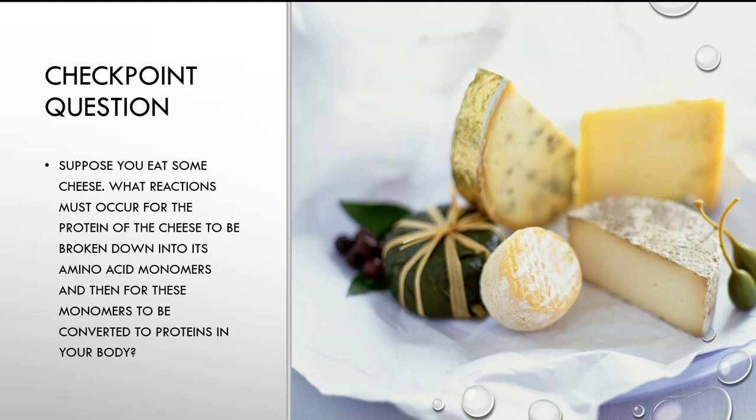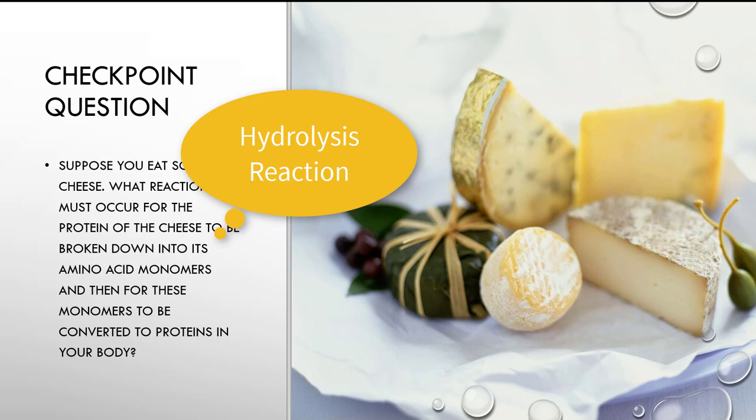So here's a checkpoint question for you. Suppose you eat some cheese. What reactions must occur for the protein of the cheese to be broken down into its amino acid monomers, and then for these monomers to be converted to proteins in your body? So what type of reaction takes place to take the proteins of the cheese and break them down into the monomers? If you said a hydrolysis reaction, I would agree with you.